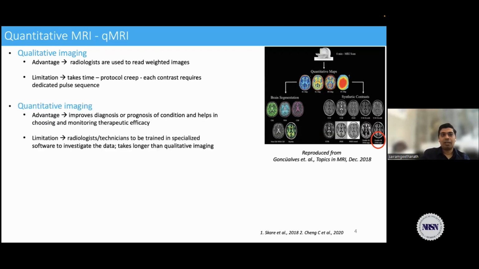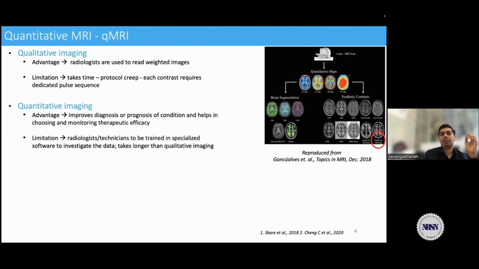On the other hand, quantitative imaging has been shown to improve diagnostic or prognostic value, and it kind of helps choose and monitor therapeutic efficacy.